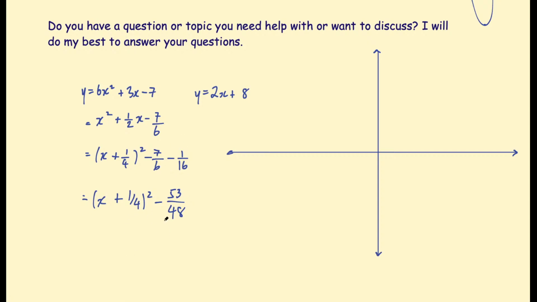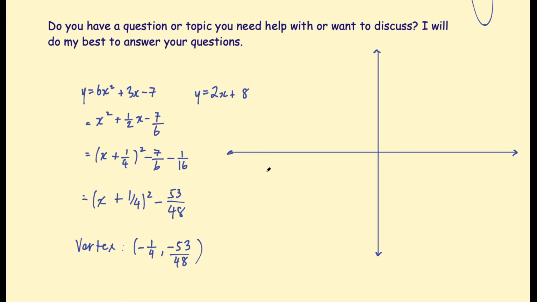Alright, so this gives me the vertex of the quadratic. This is called, what's it called? Vertex form, I believe, after you do completing the square, and it is the negative of the number inside the brackets, and just the constant on the end as it is, so we don't have to swap that one around.